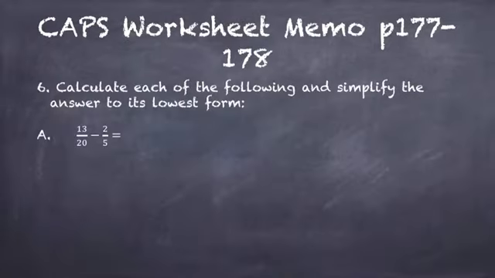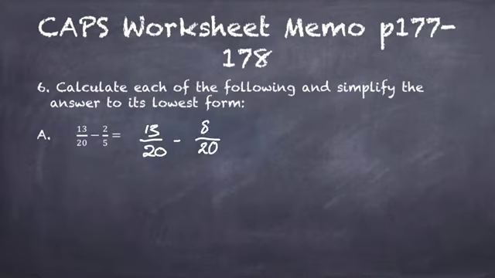Okay, reread this one, check it again, show me how you got your calculations, and we will see what happens. Number 6, calculate each of the following and simplify the answer to its lowest form. Okay, so it's just a subtraction sum. We can see our denominators aren't the same, so I'm going to first have to change my second fraction to the same denominator. 13 over 20 minus 5 times what gives me 20? 4.